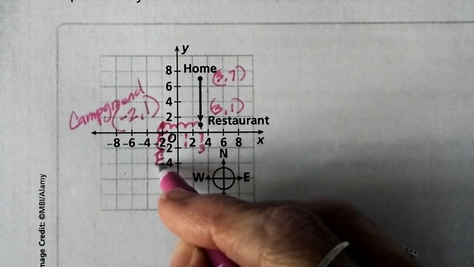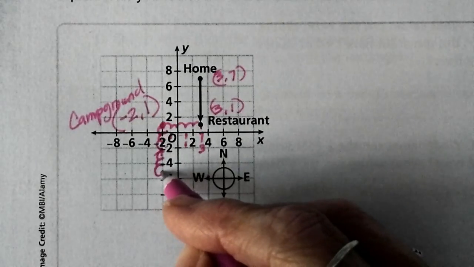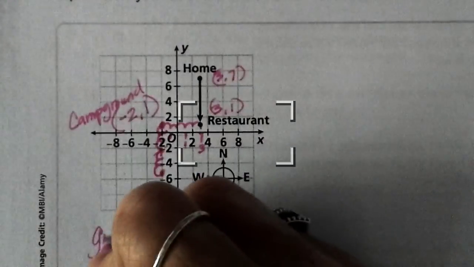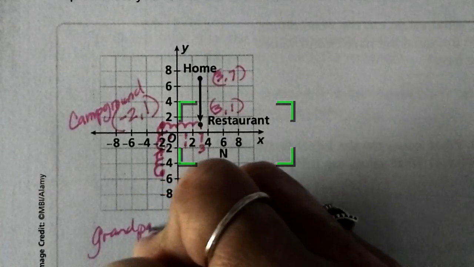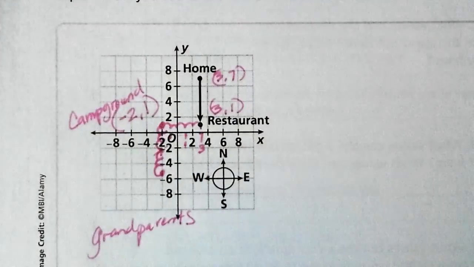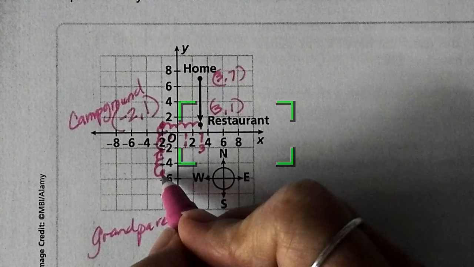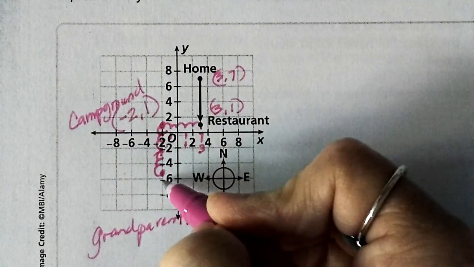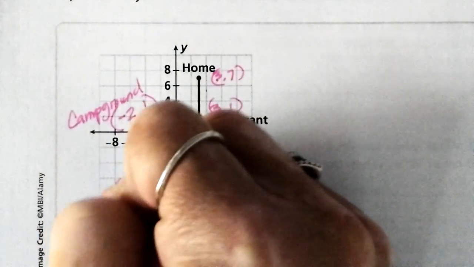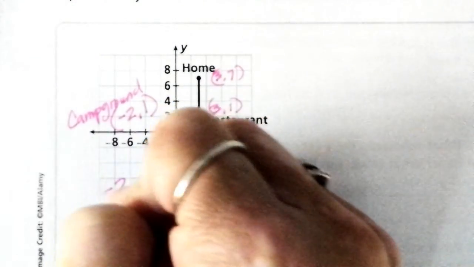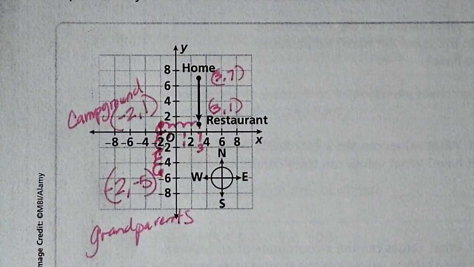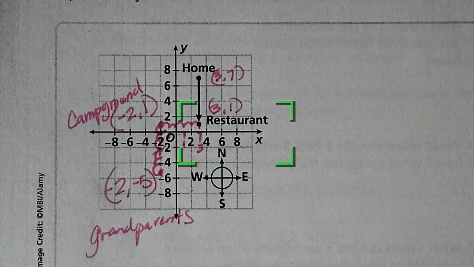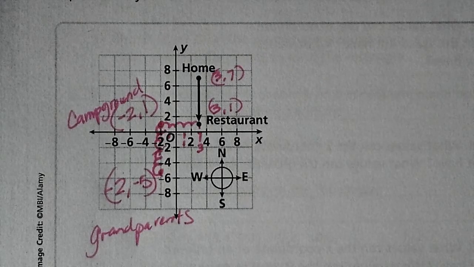So 4, 5, and 6. So once again, we're stuck in the middle. So this would be the grandparents, and this position here would be (-2, -5). That would be that coordinate there. Okay?